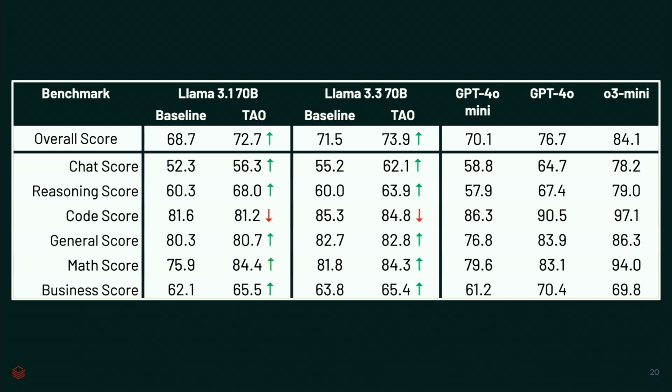In particular, you're able to improve Llama 3.1 70B to the quality of Llama 3.3 70B in aggregate. And similarly, when applying TAO to Llama 3.3 70B, you're able to improve it to around the midpoint of GPT-4o Mini and GPT-4o. So with TAO applied to these models, we're able to improve the performance of this LLM in a general aggregate scenario across a wide domain of categories.